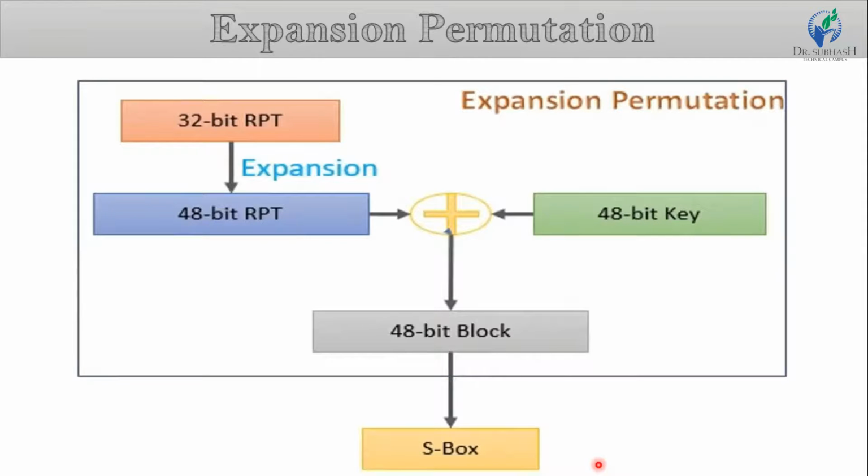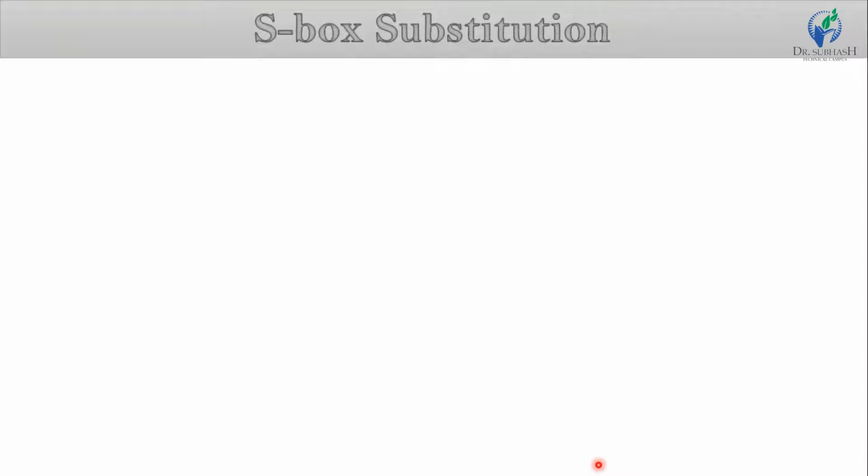Now I will explain the S box substitutions. The input to the S box is the 48-bit resultant block of the expansion permutation. In S box substitution, the input 48-bit block is transformed to a 32-bit block.